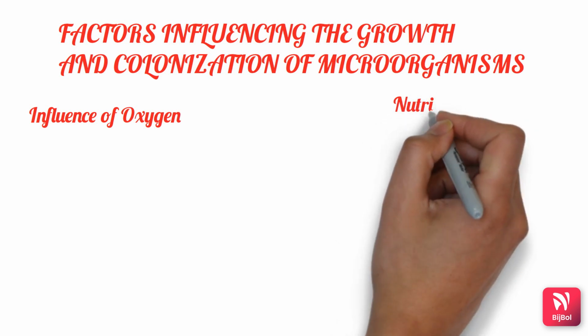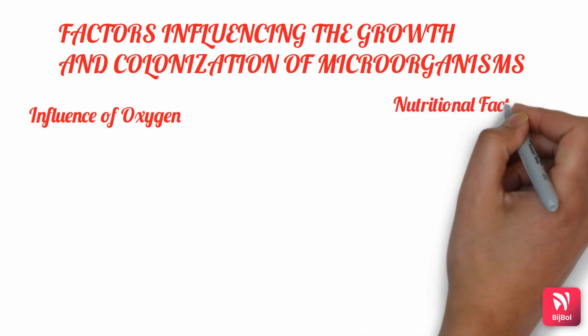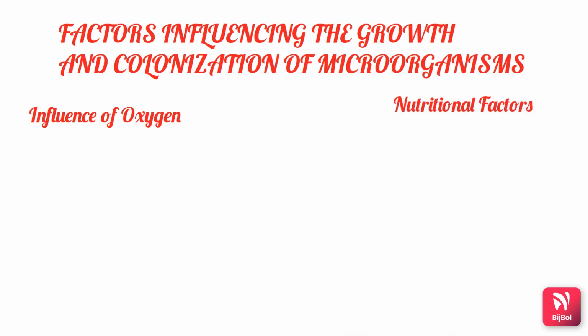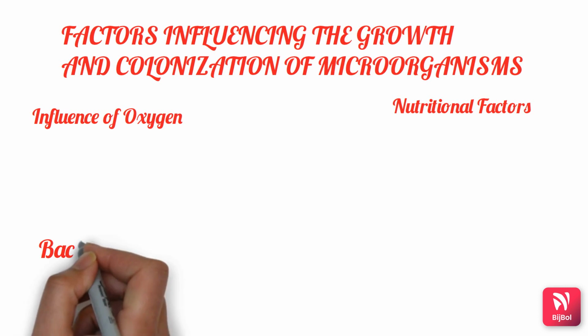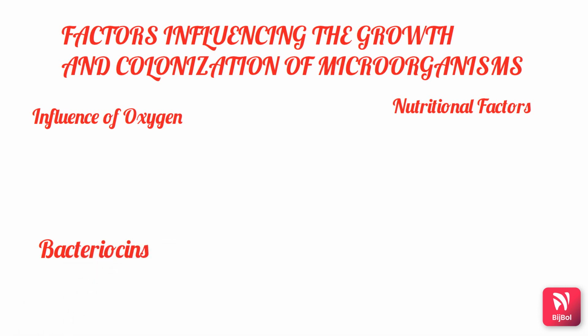And the nutritional factors play an important role in bacterial colonization, which is the source of nutrition for the bacteria. And the bacteriocins. Some bacteria produce bacteriocins, which are antibiotic-like proteins produced by one species of bacteria to inhibit another species of bacteria.